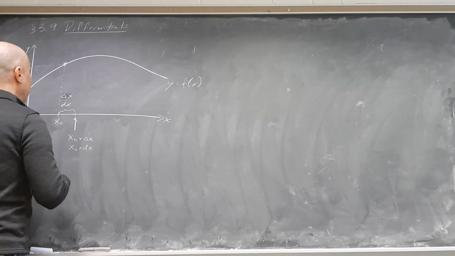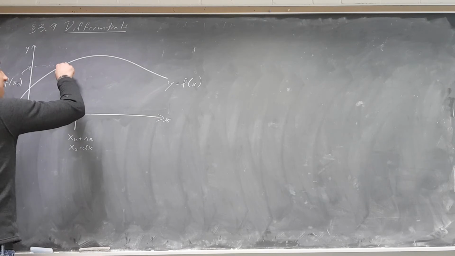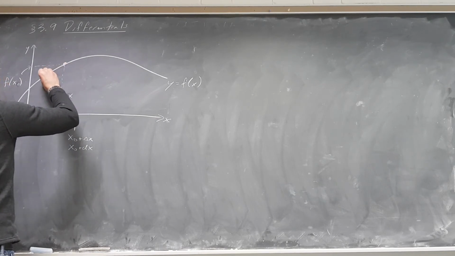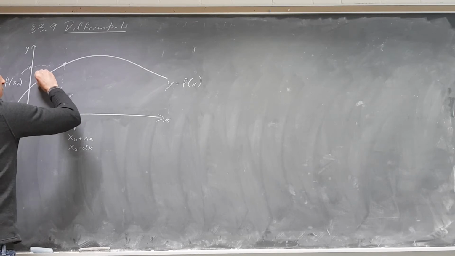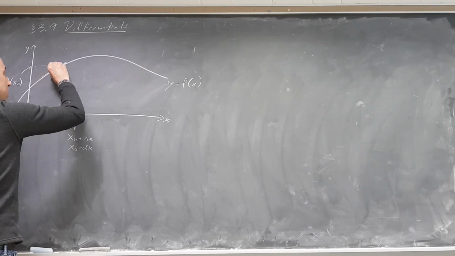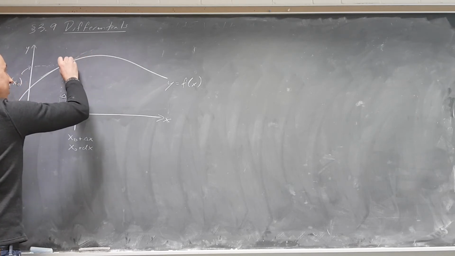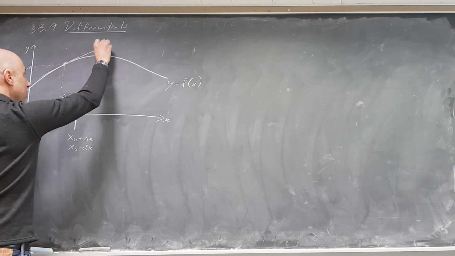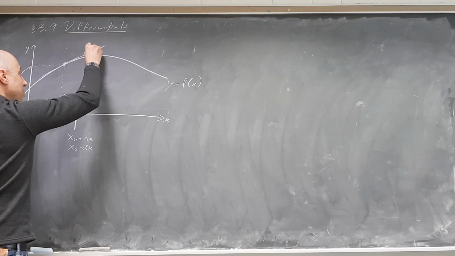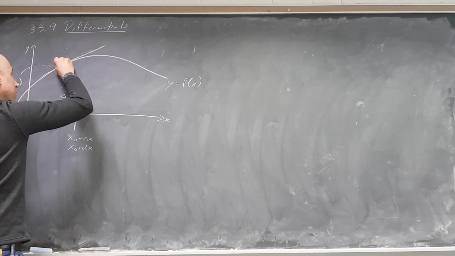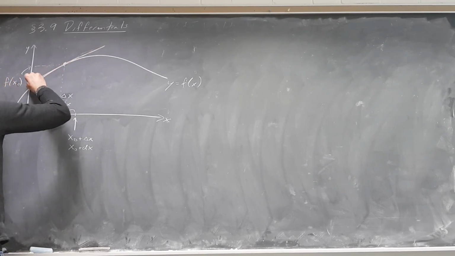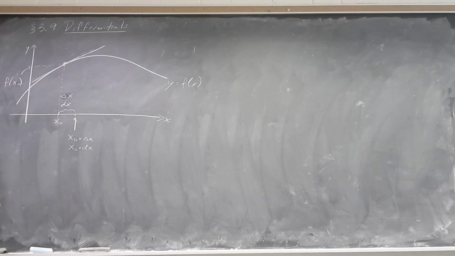Let's go and draw in a tangent line at this point. So the line which just grazes, I don't know how good a tangent line that is, the line which just grazes the curve at the point x naught.